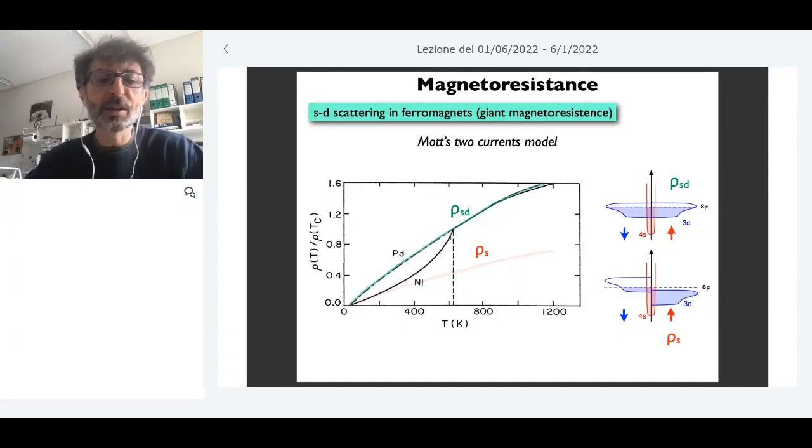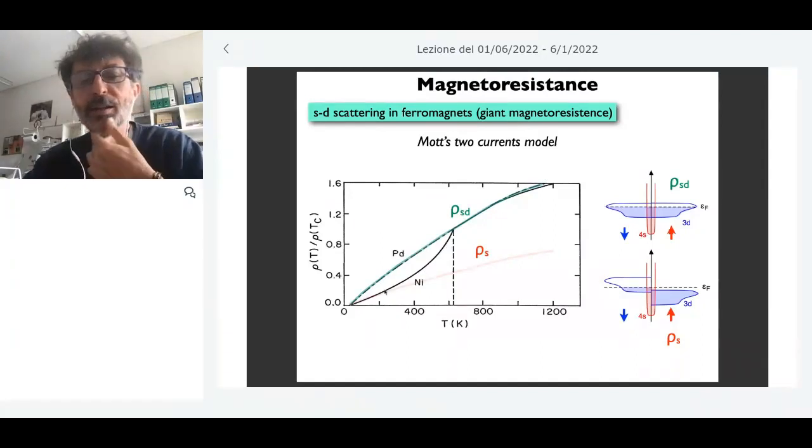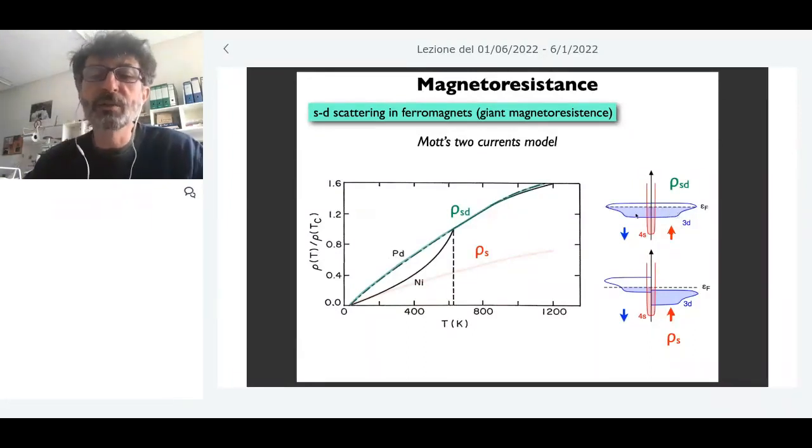And here it's justified the fact that for palladium, both bands still are able to conduct electricity, but they both conduct badly, because for both the up spin and the down spin you have the scattering due to the 3D band, where you have the Fermi level crossing.